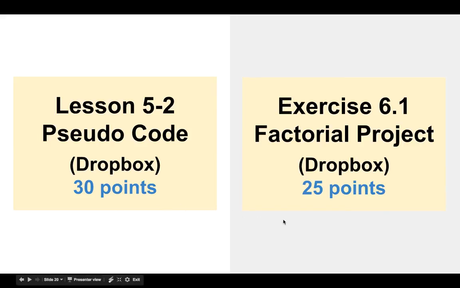And then you're also going to do exercise 6.1, and that's in the end of chapter 6 in your book. And there's a factorial project that you're going to work on. So you're basically going to code what you just saw in that flow chart. And that's going to be worth 25 points. And then the pseudocode is worth 30 points. So good luck, get this done early, and that way you'll have more time to work on your code.